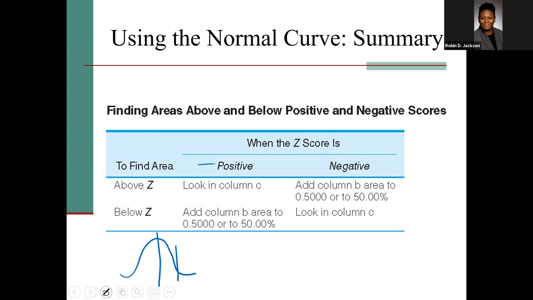So positive Z-score, let's just say my mean is 10, and my Z-score is 1 standard deviation above. So I know that I want everything beyond that area, okay?